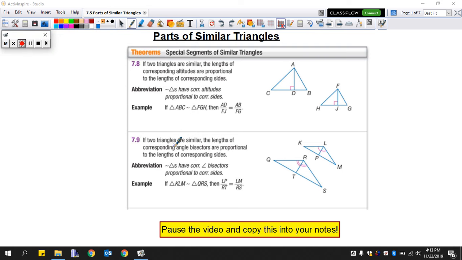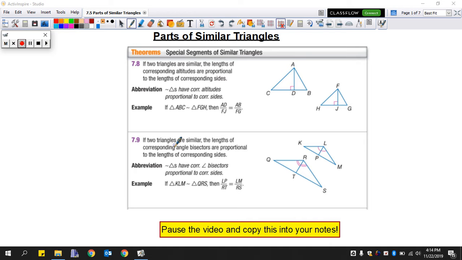In this video, we're going to talk about the different parts of similar triangles. We've talked about similar triangles a few lessons ago, and we talked about how the corresponding sides of similar triangles are proportional. Well, the same thing is true with other parts of similar triangles.